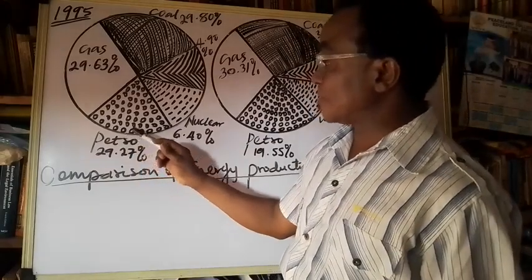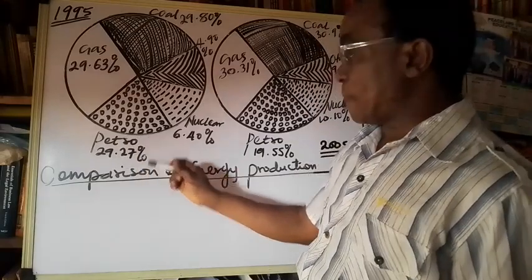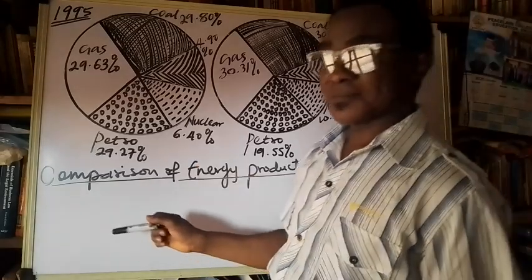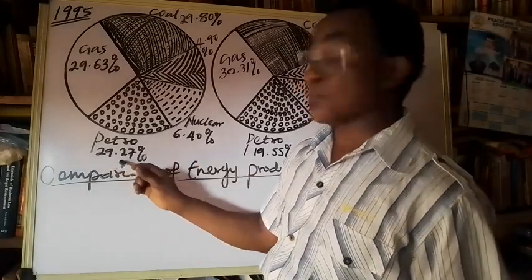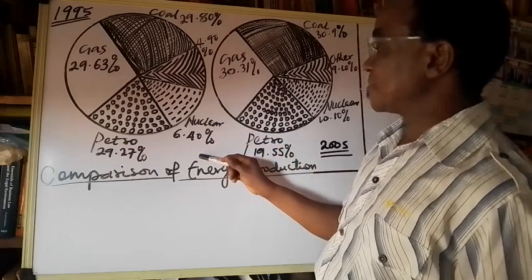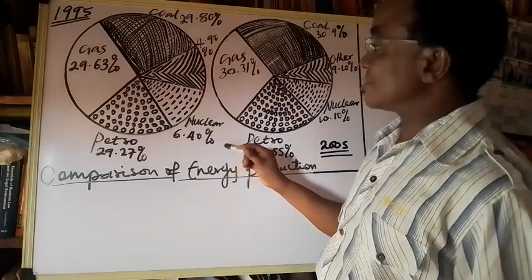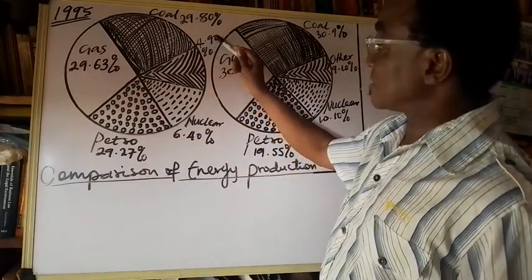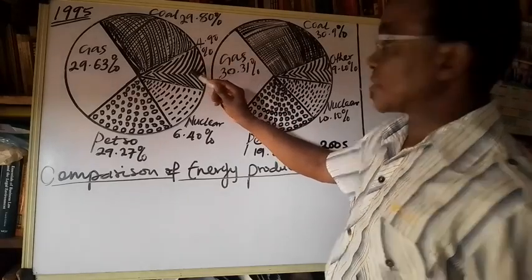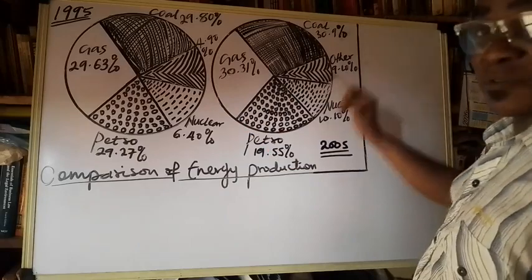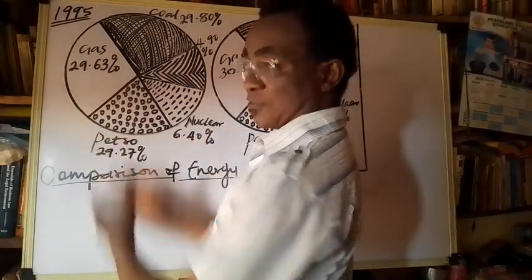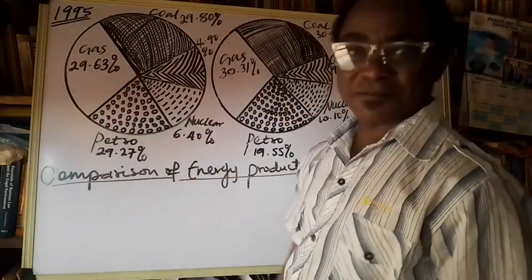And then there is the proportion for petroleum production, measuring 29.27%. And then nuclear energy, 6.40%. Then 40.90% represents other sources of energy. That's the energy production from these 5 sources in 1995.